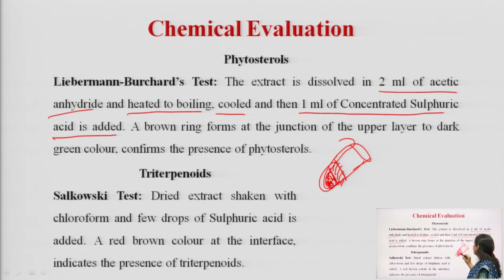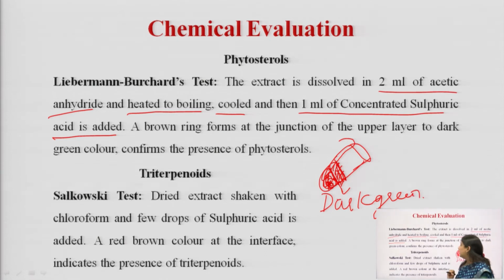This layer of the drug and the H2SO4 form a junction, and at the junction we have a brown layer, and above that there is a dark green coloration.